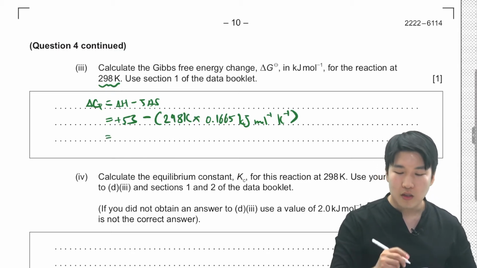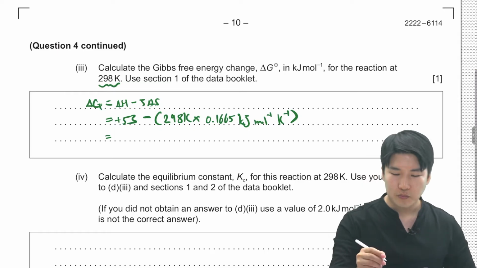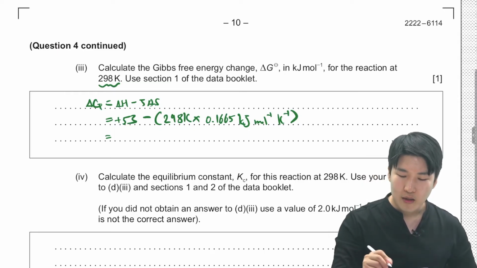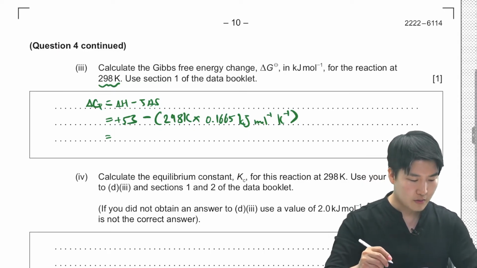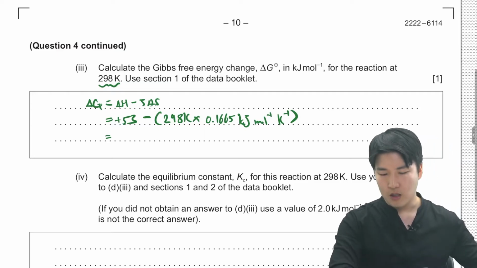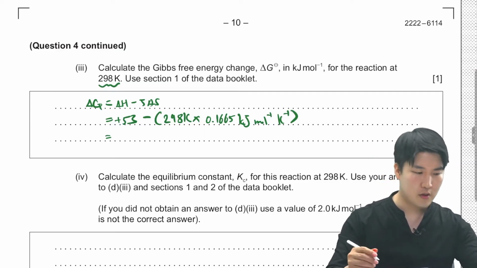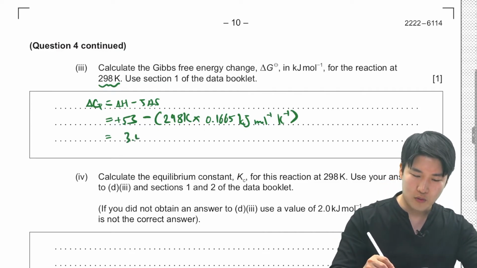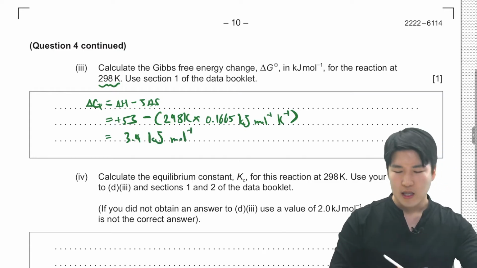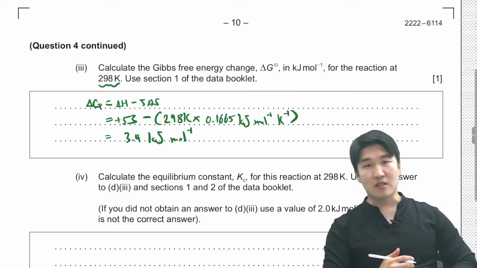It will give us kilojoules per mole value. Do the math and we will be given a delta G value of 3.4 kilojoules per mole. Quite a small one. And also positive, and that's disappointing.